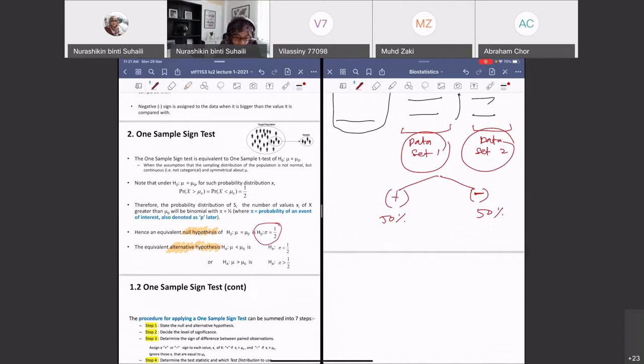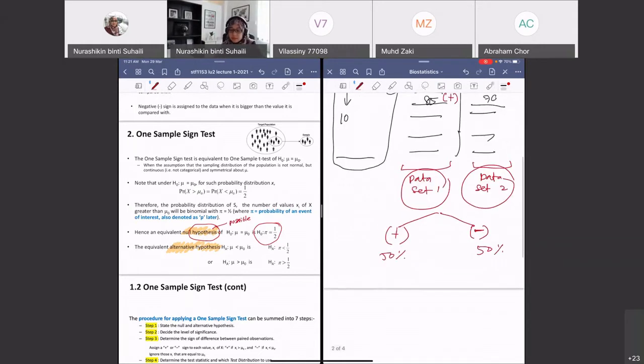Possible outcome. Yes, correct. This one means possible outcome. So before you do any experiment, you should have some ideas about the outcomes of your results, whether there will be a change, whether there will be no change, right? I mean, that is the most generic one. Okay.